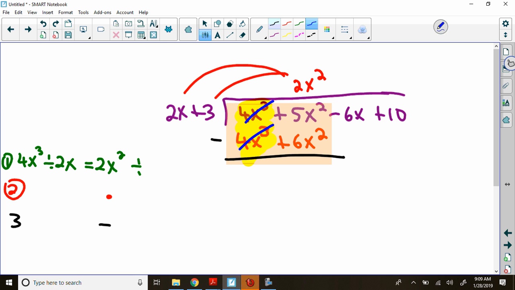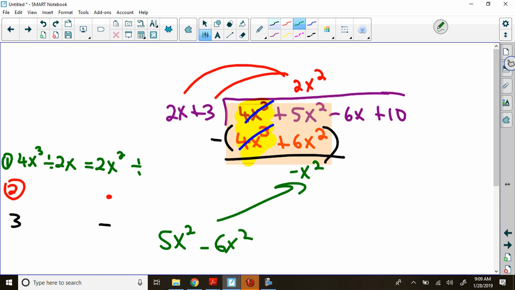They see the 5x squared, they see the 6x squared lined up, and they don't realize that they're subtracting this entire quantity. What you're going to end up with right here is 5x squared minus 6x squared. They lose sight of that. So the difference between 6x squared and 5x squared is x squared, and it's going to be negative. It's going to be negative x squared here, okay?